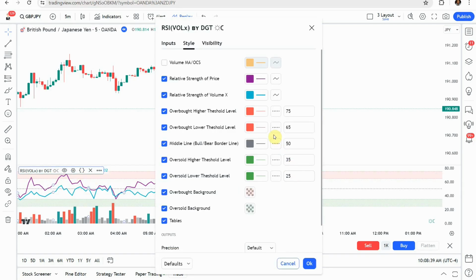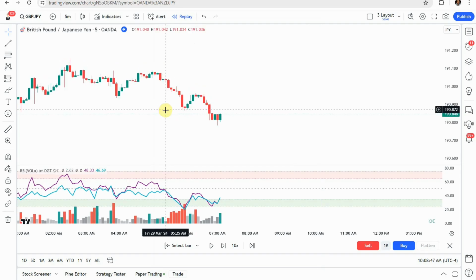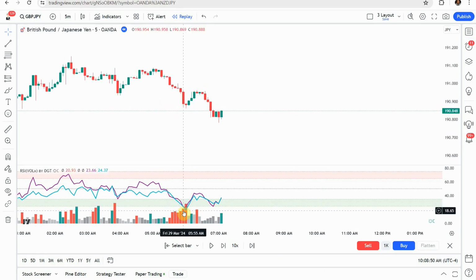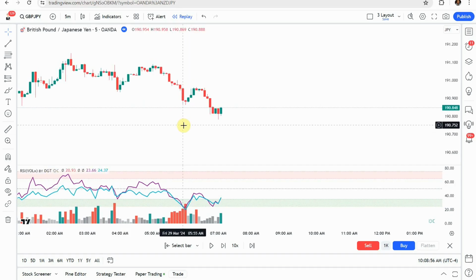I believe they are the relative strength of price and the relative strength of volume X. And so, in the explanation from the source video, of course, divergence is identified when price is making, in this case, lower lows, and the indicator itself is making higher lows.